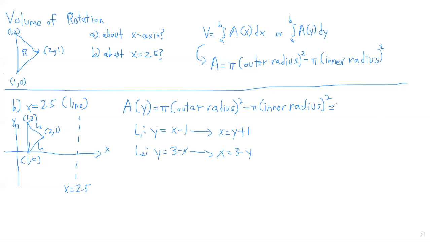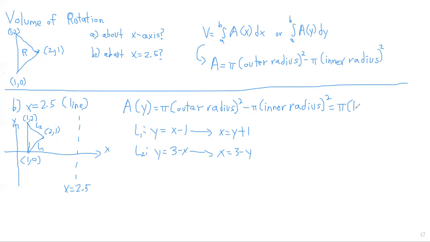So the outer radius is equal to, let's take a look here. The outer radius is this line x equals 1 because it's farther from x equals 2.5. So the outer radius is just 2.5 minus 1.